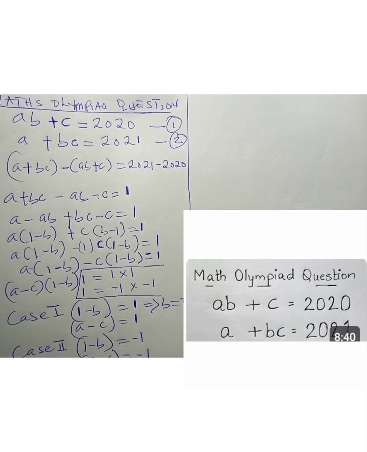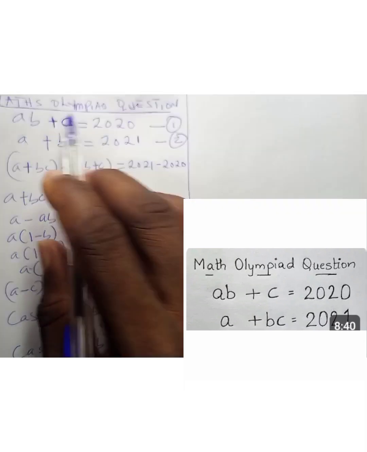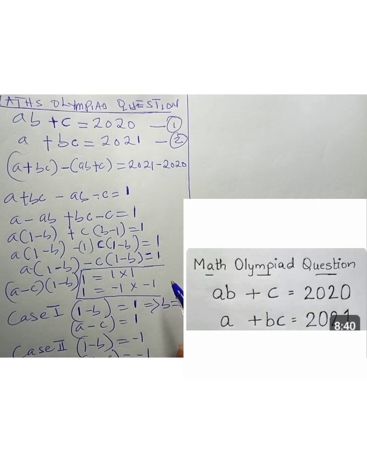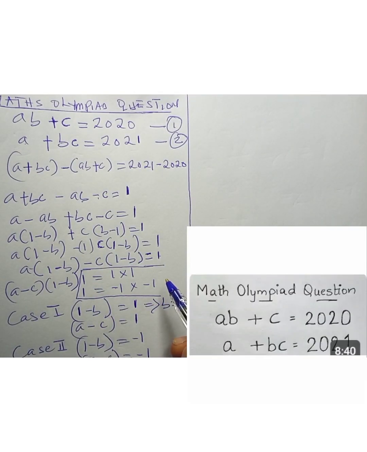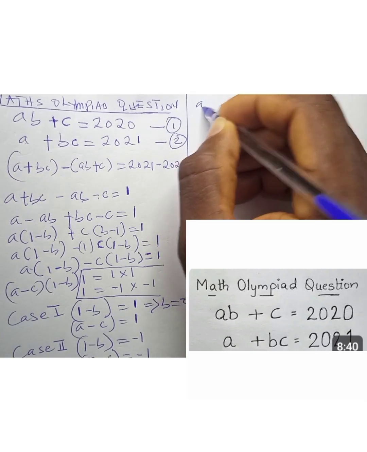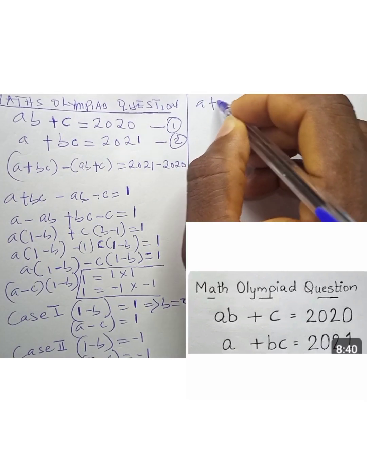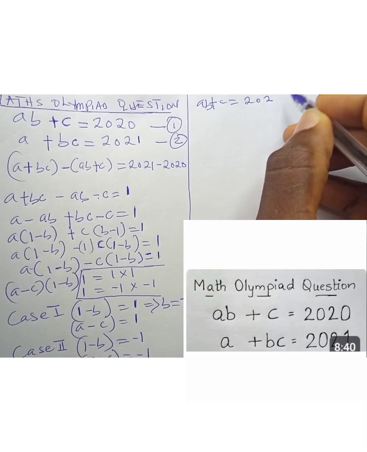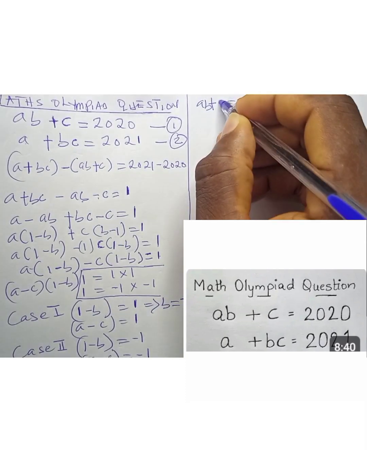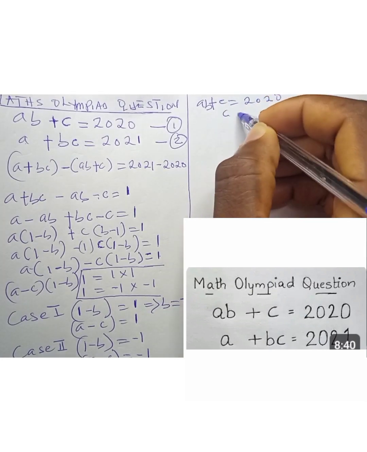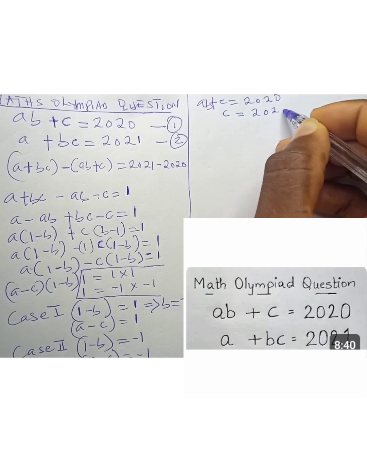If we substitute B equals 0 into the original equation, AB plus C equals 2020, it means that C is equal to 2020.